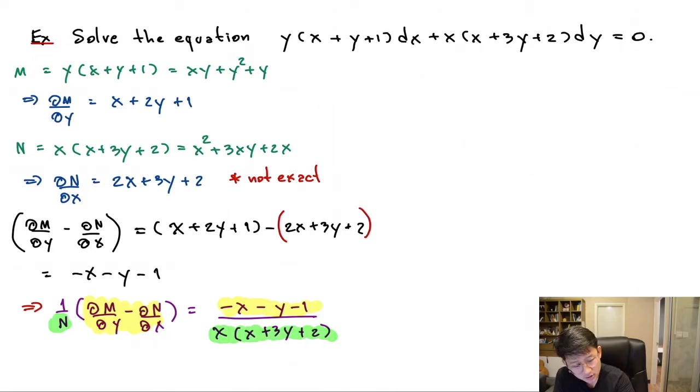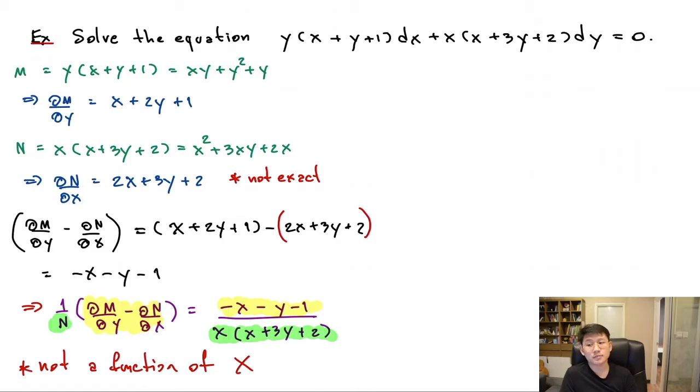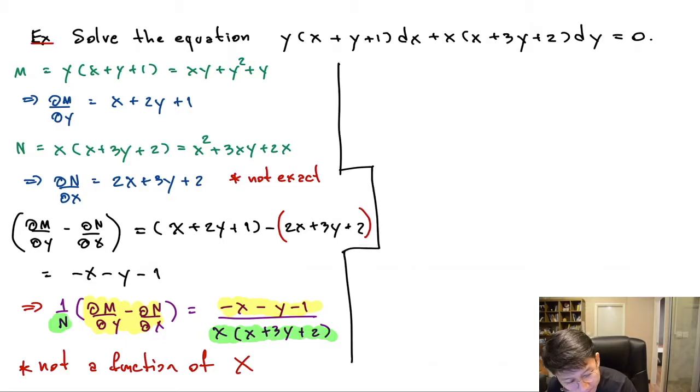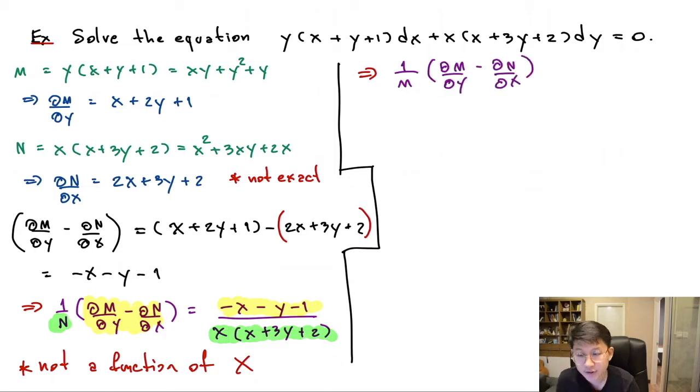And as you can see, you can't make it a function of x. It's not a function of x. So let's hope that 1 over M times the ∂M/∂y minus the ∂N/∂x is a function of y.